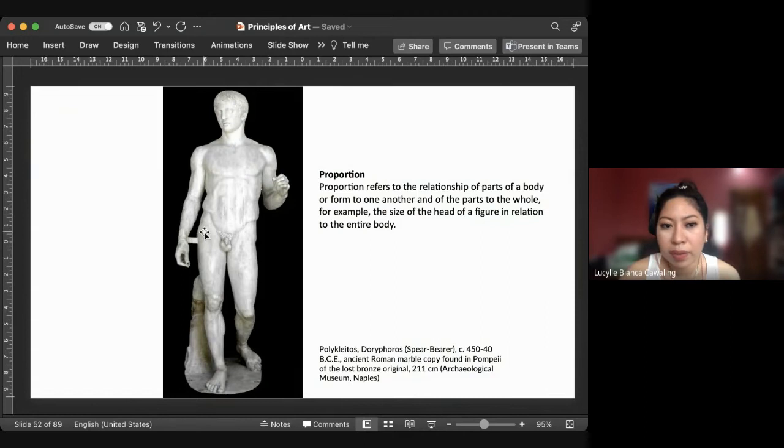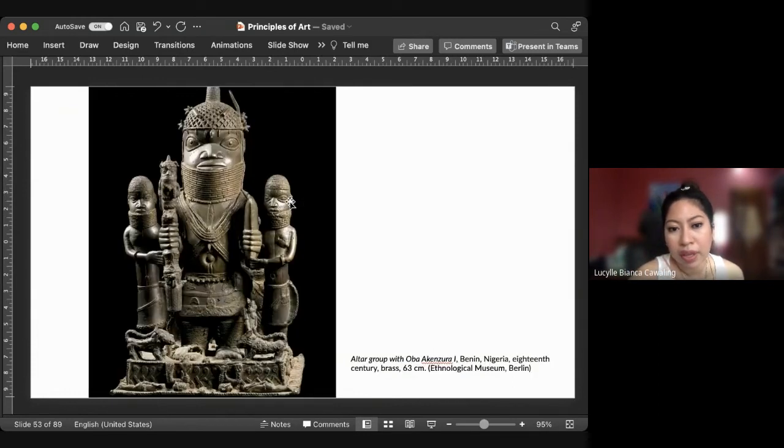So for example, this one is well proportioned. The size of the head is almost the same size as the hand, for example. That is the proportion. And then this one naman, the head is bigger than the body and it's not well proportioned.